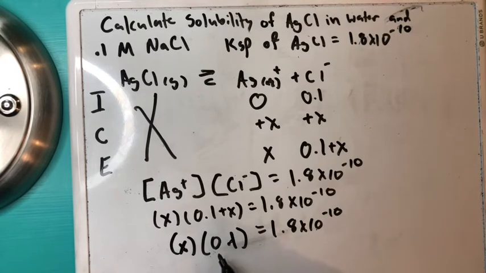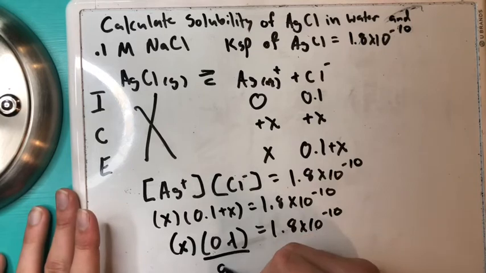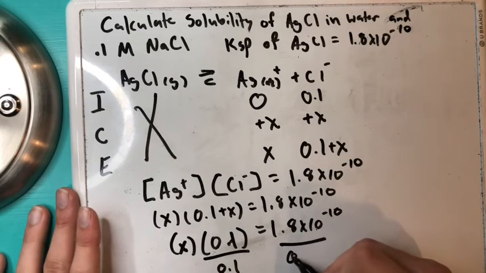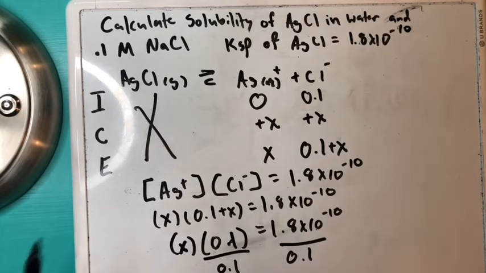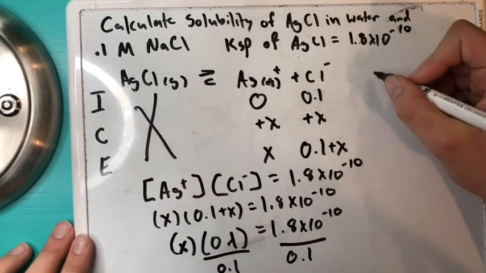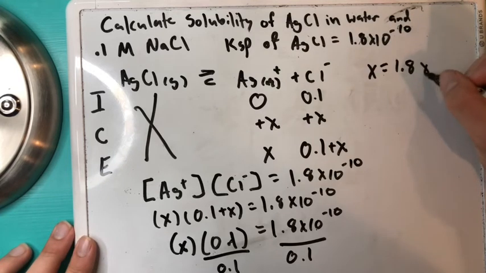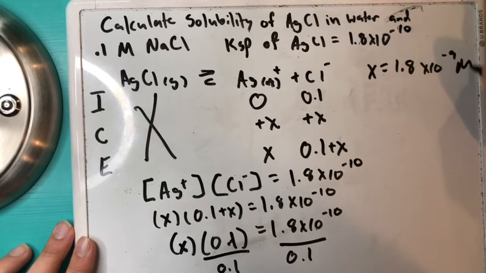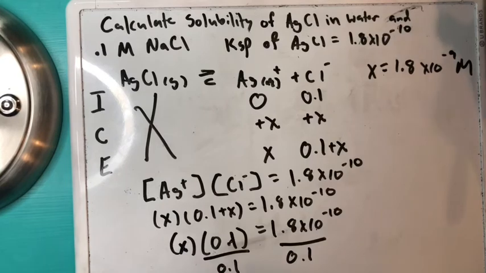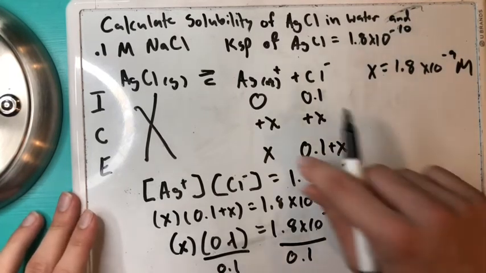So from here, it's just algebra, and we divide by the 0.1, and we find that our X is 1.8 times 10 to the negative 10th divided by 0.1, which is 1.8 times 10 to the negative 9th molar. So that is what our X is.